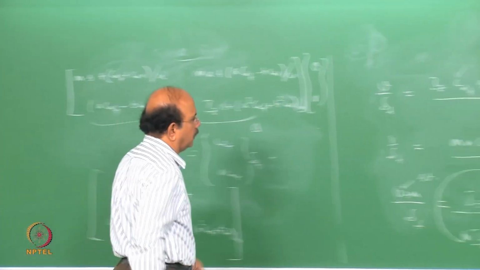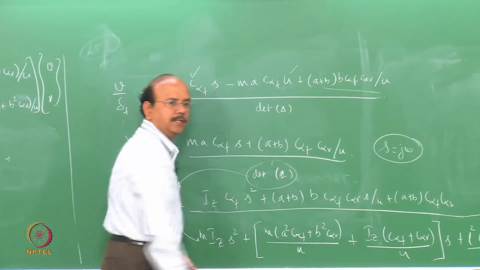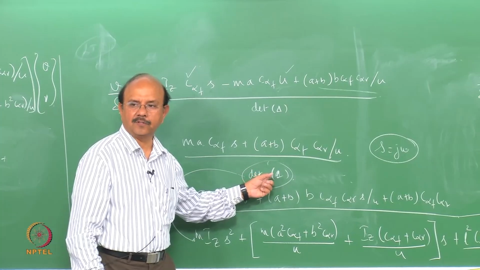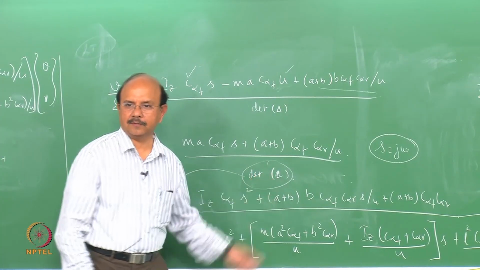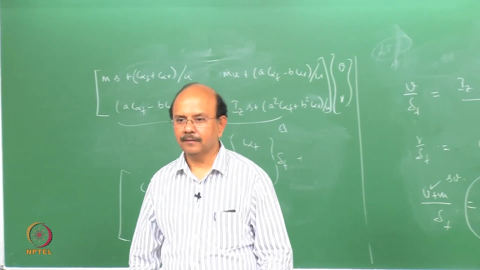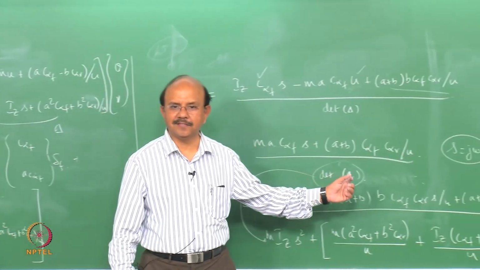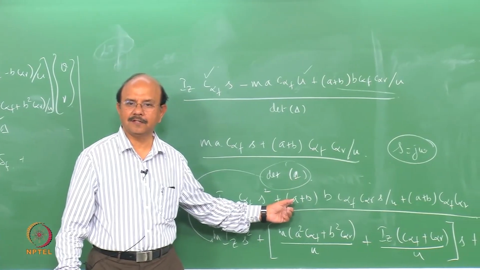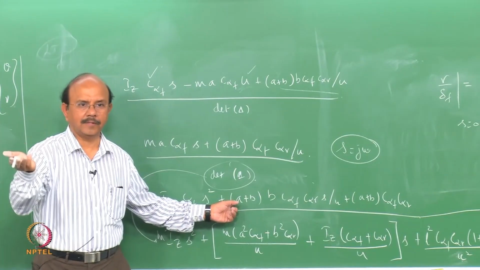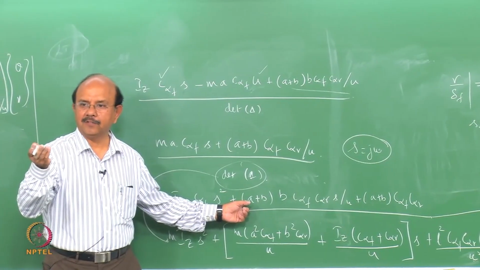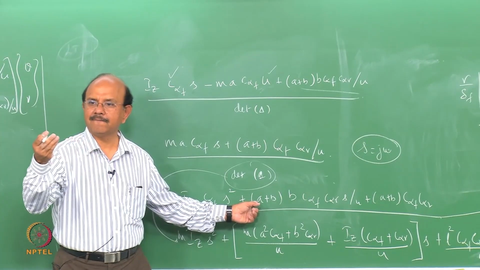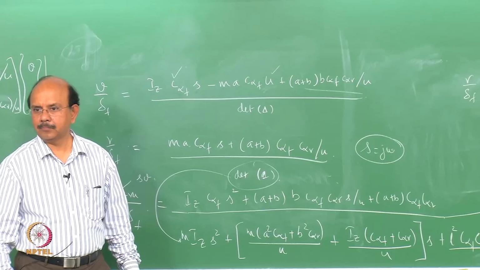One of the things that you learned in your earlier classes is the importance of this denominator. We'll get back to the equations in a minute. What did you call this? Characteristic polynomial or characteristic equation. Remember that you equated this to 0 and got what are called poles.